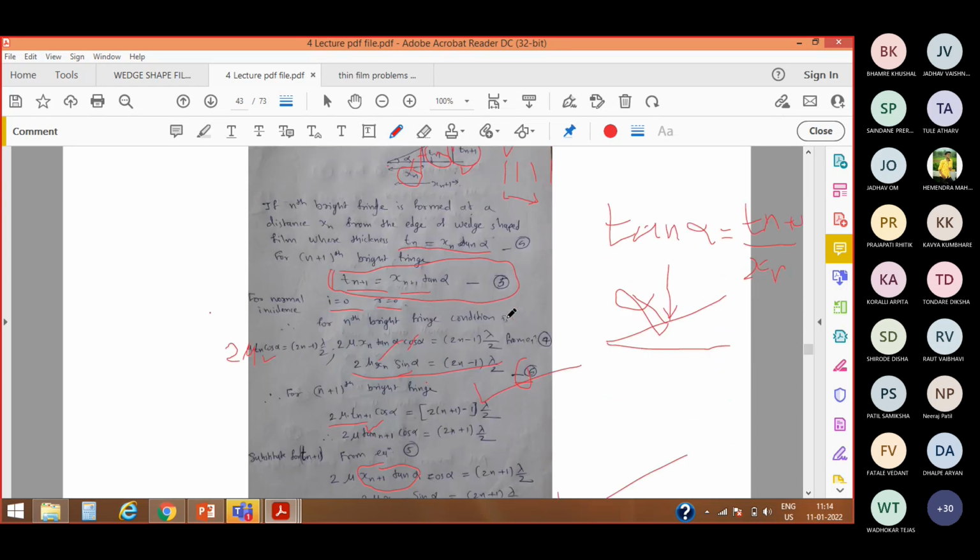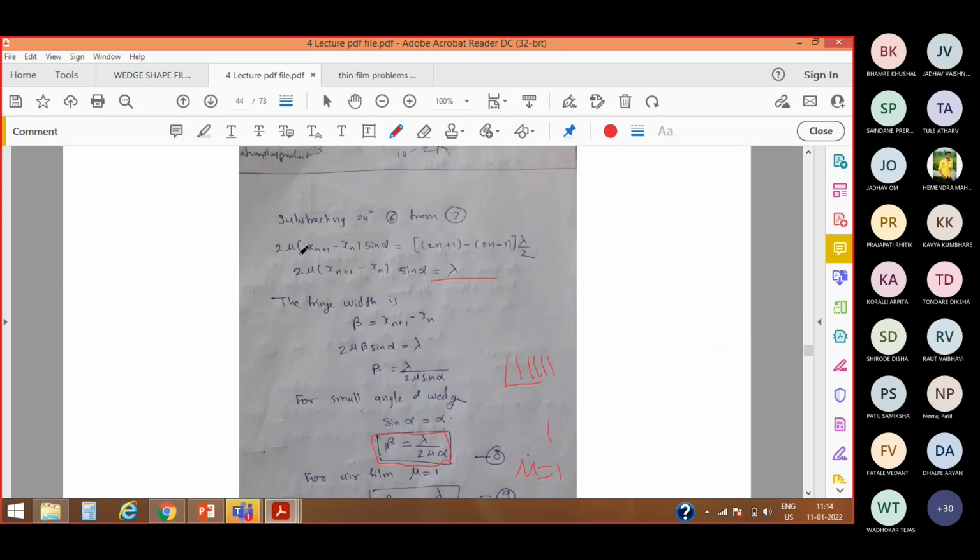So that's why we are subtracting. So 2 mu into x of n plus 1 minus xn into sin of alpha. This is your right hand side. After solving this, you will get this value as lambda. So the final answer of this 2 mu into x of n plus 1 minus xn into sin of alpha is equal to lambda.